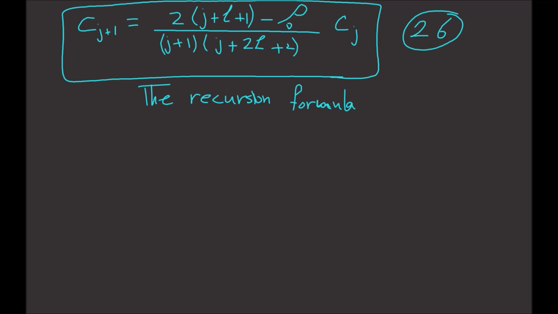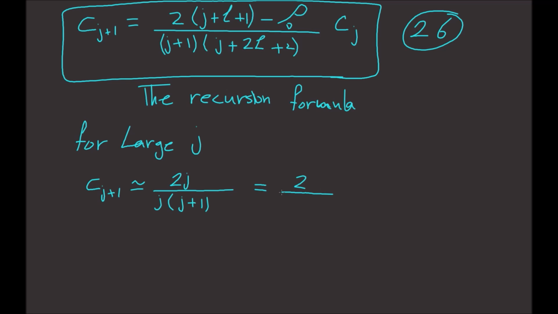Okay, so this is the formula, and let's take the limit for large j. We have c sub j plus 1 approximately equal to 2 times j divided by j times j plus 1, which is equal to 2 divided by j plus 1, times c sub j.